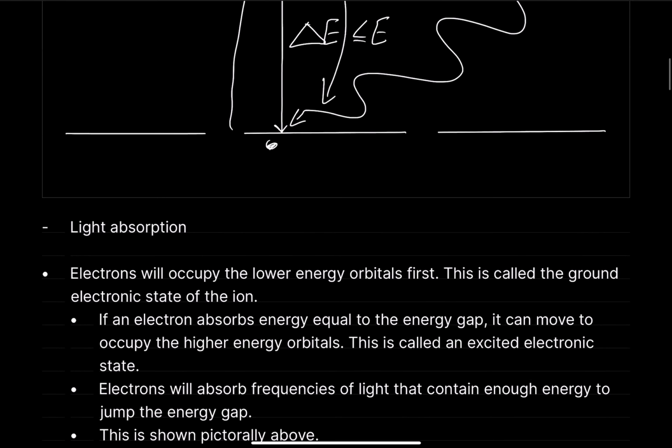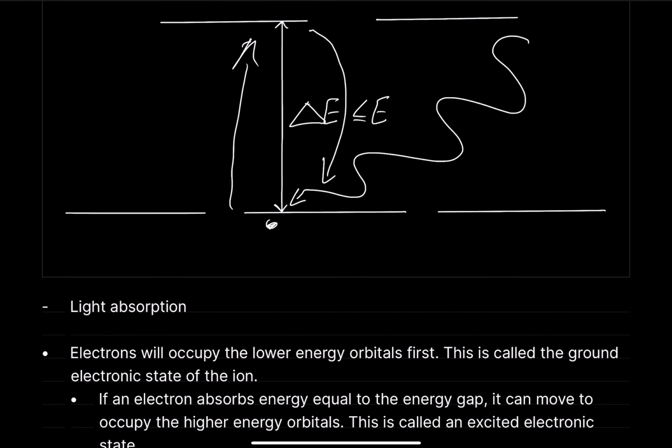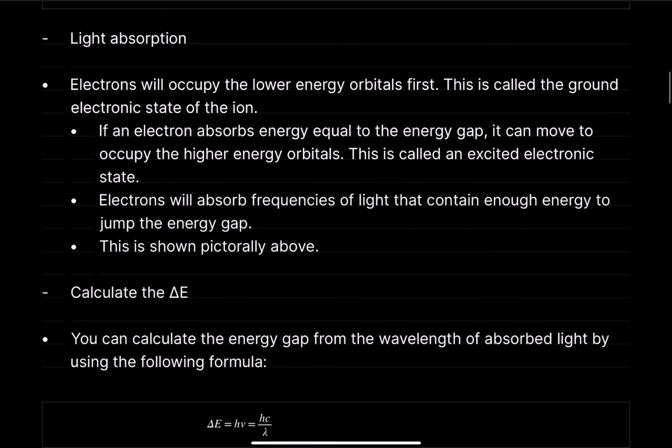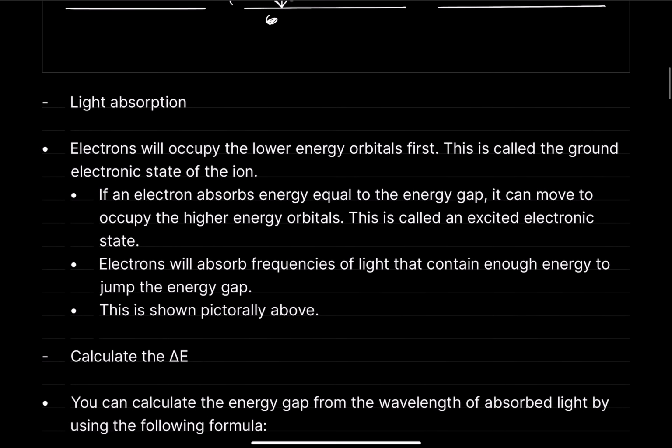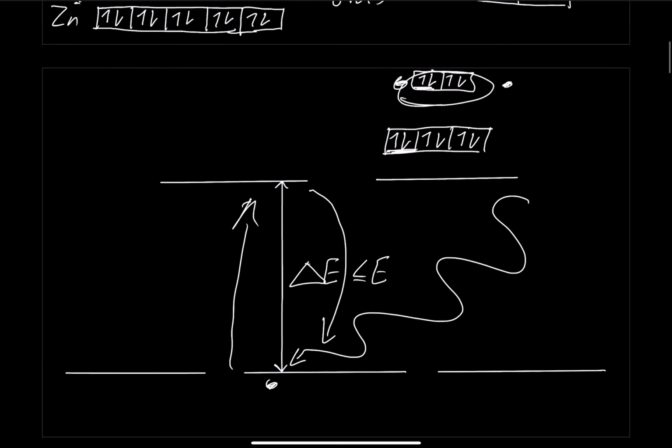Now, I mentioned in the past that the light has to have a specific frequency. The light has to have a specific frequency in order to breach the energy gap. It's a bit of a physicsy thing that you need to understand, because, as I said at the start of this video, you need to understand both the chemical process and the physical aspect.